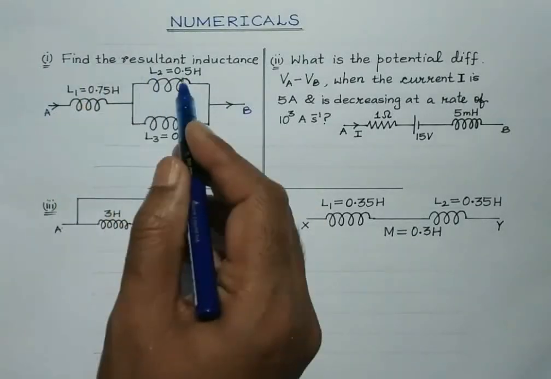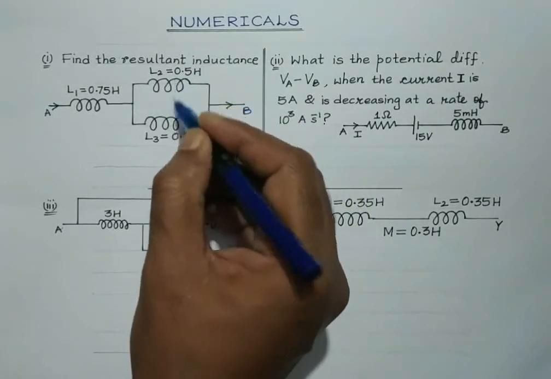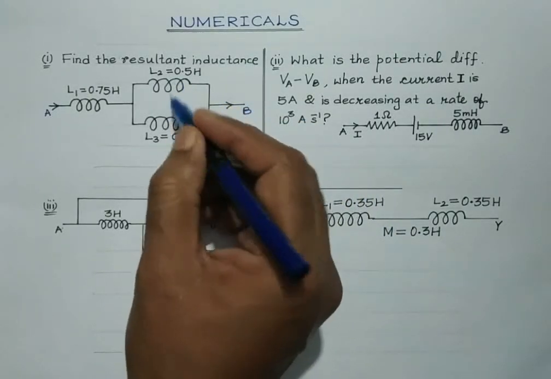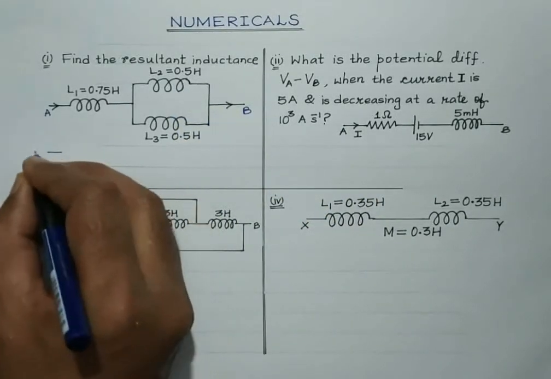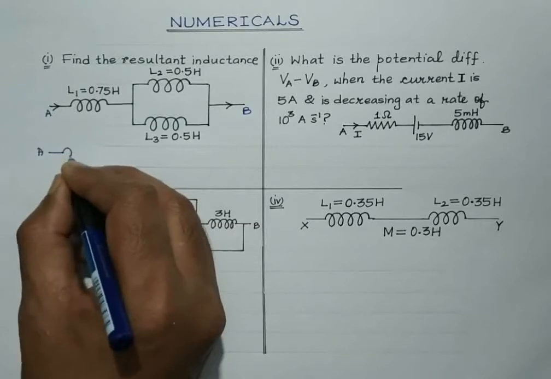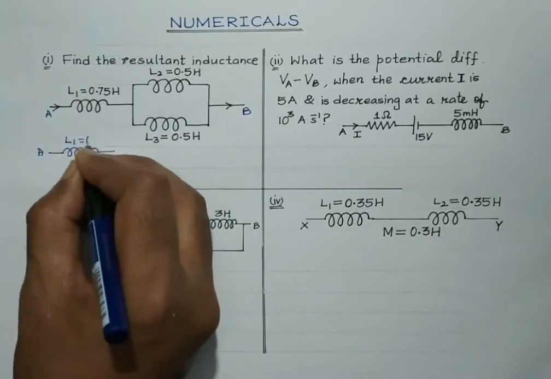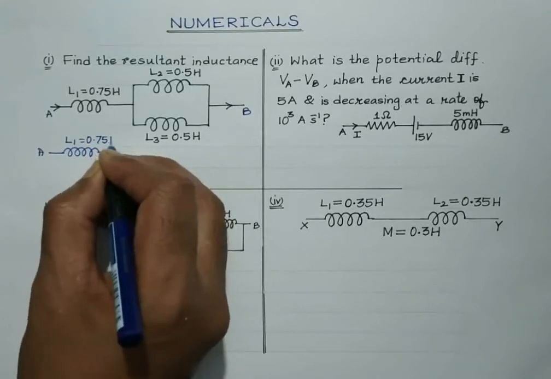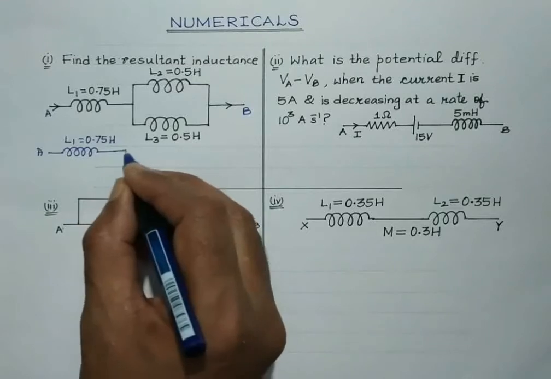It's a mixed grouping, right? So how to solve it? These two, L2 and L3, are connected in parallel. No doubt regarding this. So you can modify the circuit like this. This is point A, right? This is L1, which will be 0.75 Henry, while on the other hand, these two are connected in parallel.